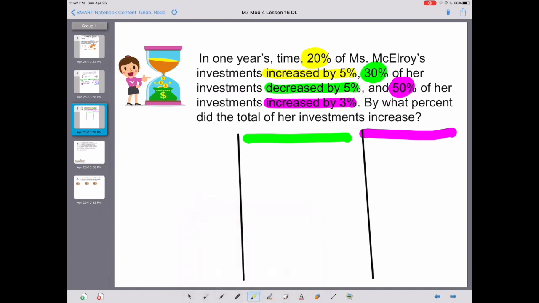Okay, so there's 3 different sections for us to figure out how to differentiate the 3 different increases and decreases that happen. So first thing is first, let's introduce our variable.